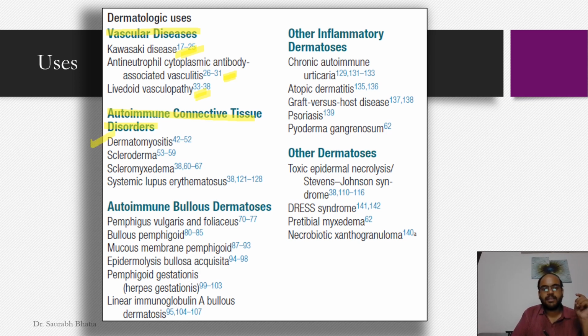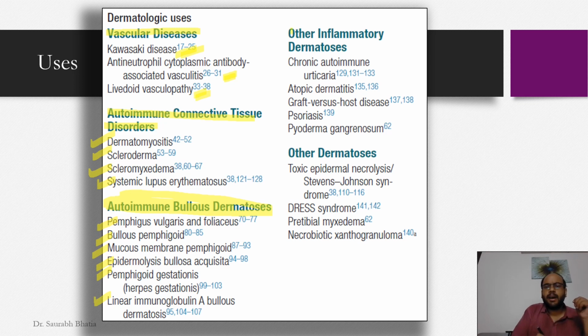So dermatomyositis, scleroderma, scleromyxedema, SLE. Autoimmune bullous dermatoses, which might be the most common indication in skin. You have pemphigus vulgaris, foliaceus, bullous pemphigoid, mucous membrane pemphigoid, epidermolysis bullosa acquisita, herpes gestationis, linear IgA disease.